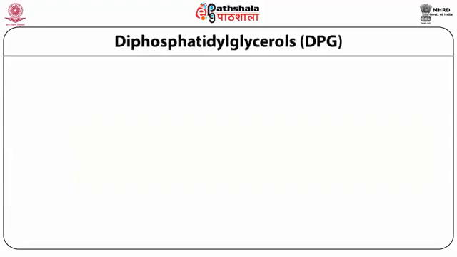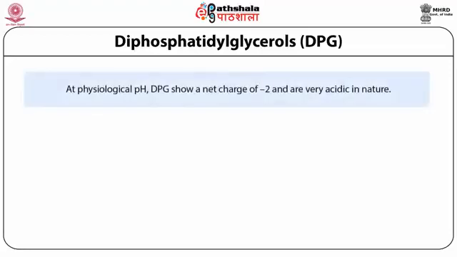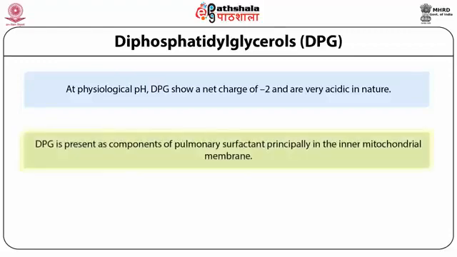Diphosphatidylglycerols. At physiological pH, diphosphatidylglycerol shows a net charge of -2 and is very acidic in nature. It is present as a component of pulmonary surfactant, principally in the inner mitochondrial membrane.